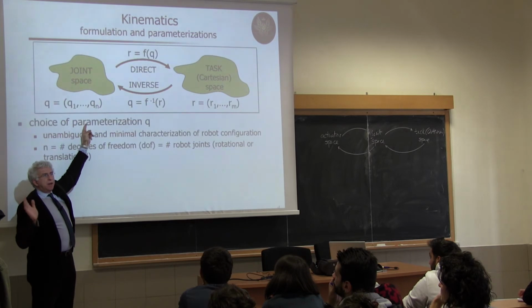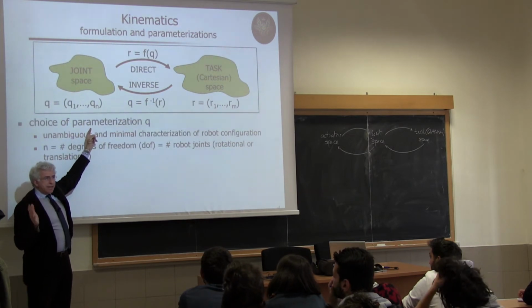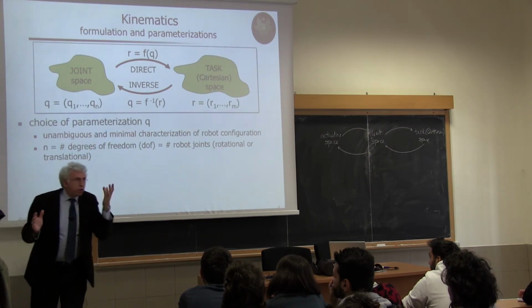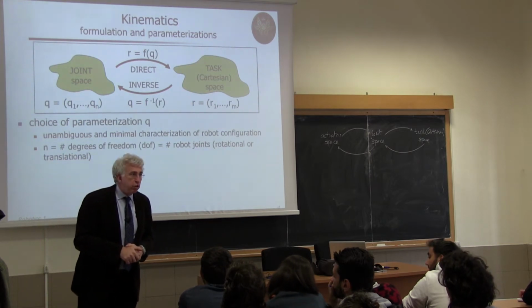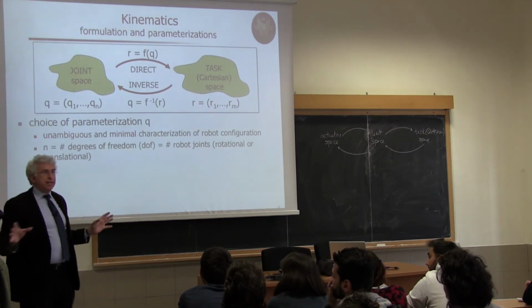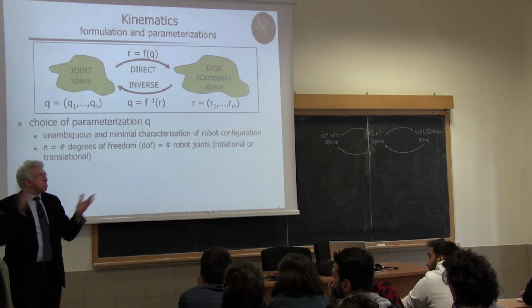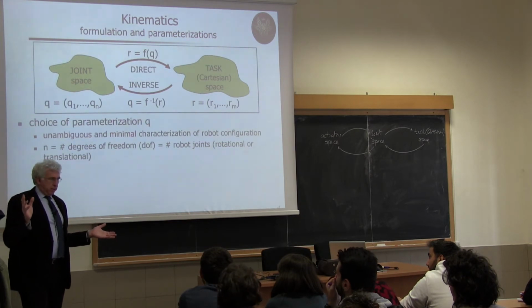I may need a systematic method, and we will use the so-called Denavit-Hartenberg convention to define which kind of angle, or linear quantities for prismatic joints, we will use to parameterize the joint space. But in principle, you can use any set of n variables that you wish.